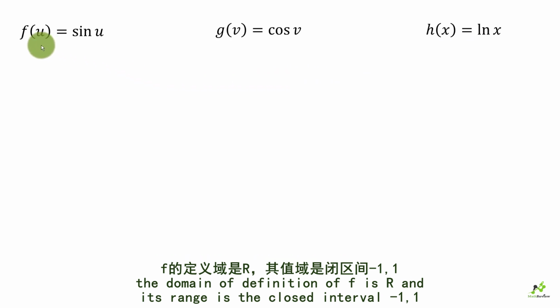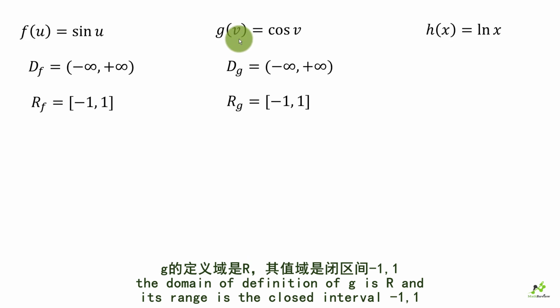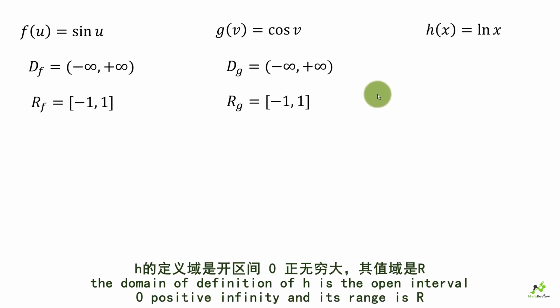The domain of definition of f is R, and its range is the closed interval [-1, 1]. The domain of definition of g is R, and its range is the closed interval [-1, 1]. The domain of definition of h is the open interval (0, positive infinity), and its range is R.